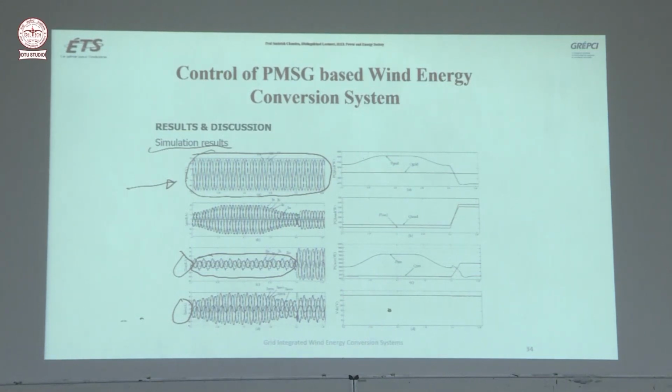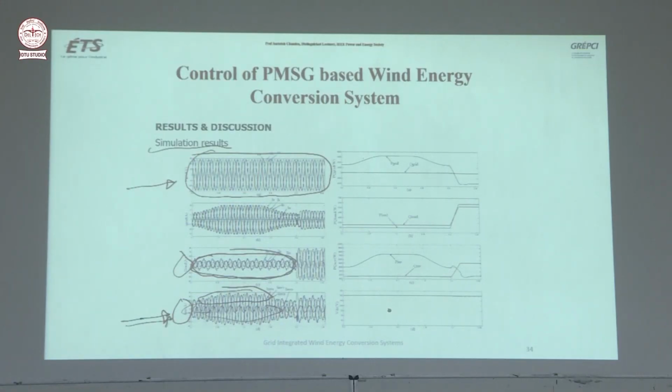So what is the objective of this inverter? Whatever energy is generated by the PMSG is being injected into the grid. So this is one thing. Here you see this inverter current is unbalanced and some harmonics are there. This is to compensate for the load.